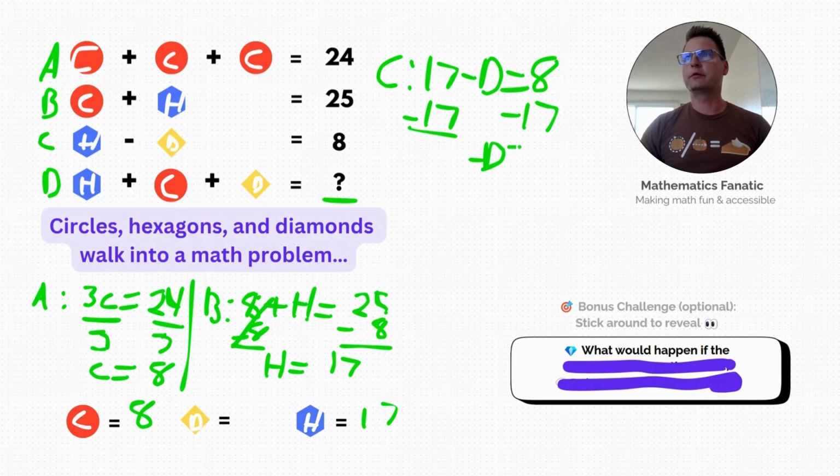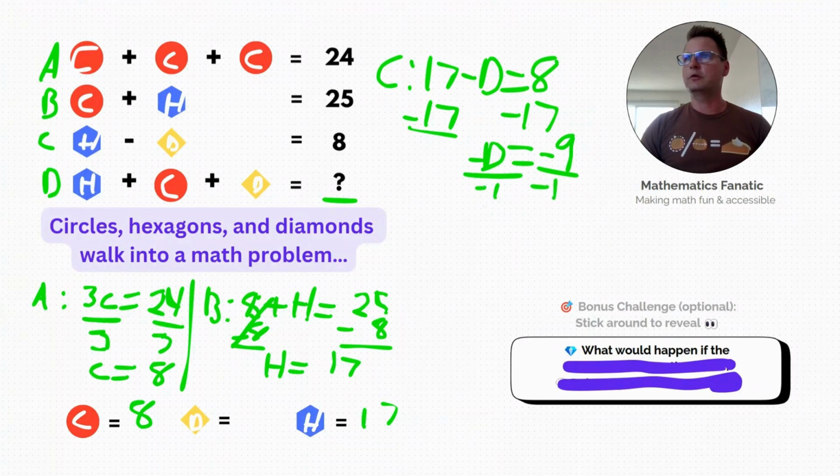So what is 8 minus 17? That is a positive minus a negative, which gives us a negative 9, right? And then if we multiply both sides by negative 1 or divide, either will work in this case. We just want to get rid of that negative sign.